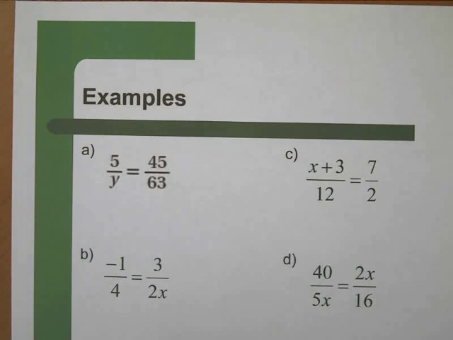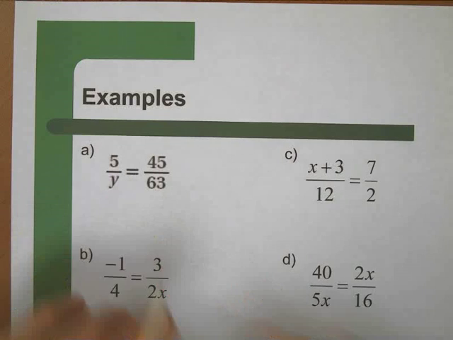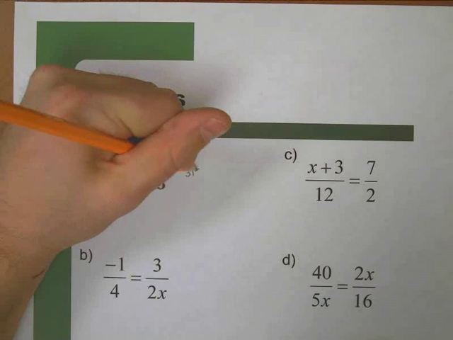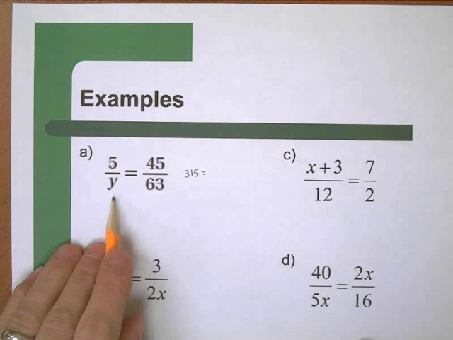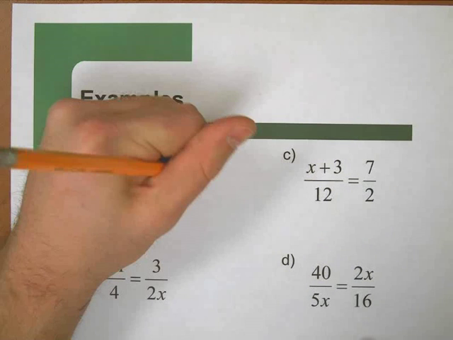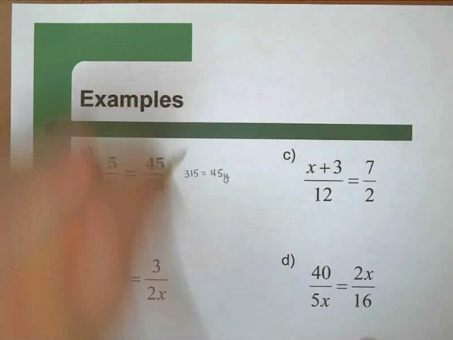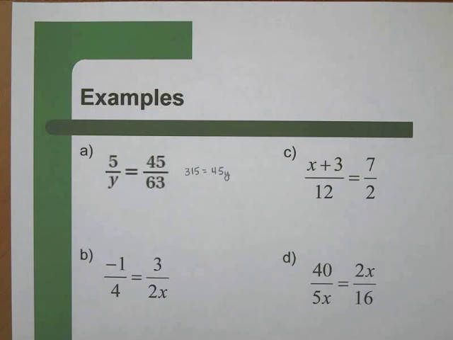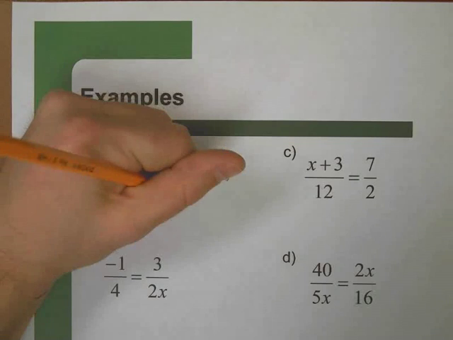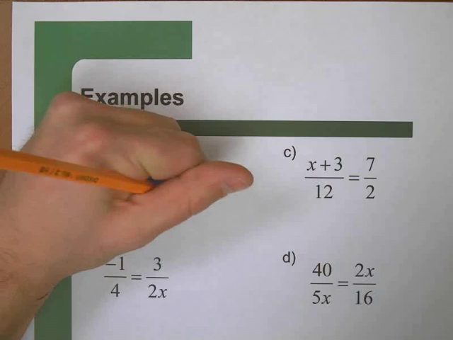First example, let's say 5 over y is equal to 45 over 63. The first step is to take the 5 times the 63, which is 315. On the other side is 45 times y. If 45 y's are equal to 315, then I divide both sides by 45 and I get 7 for y.